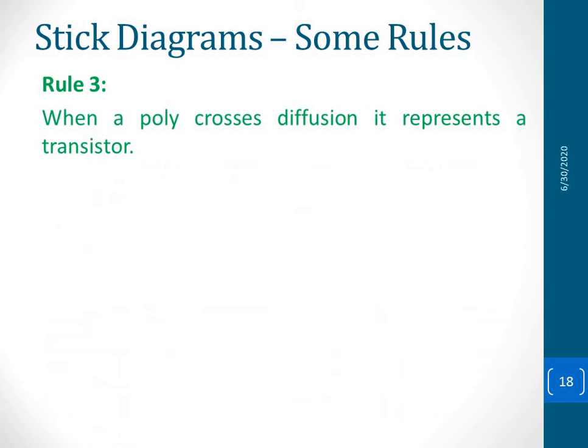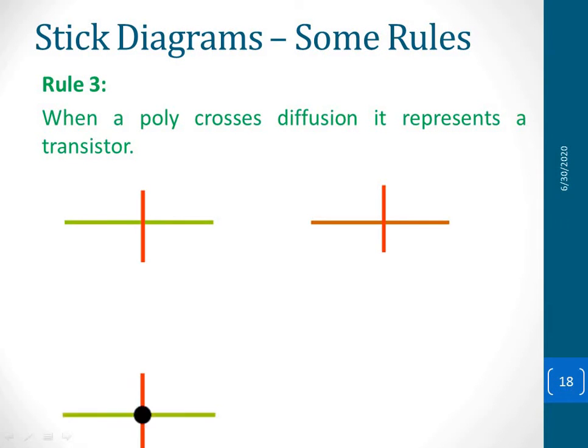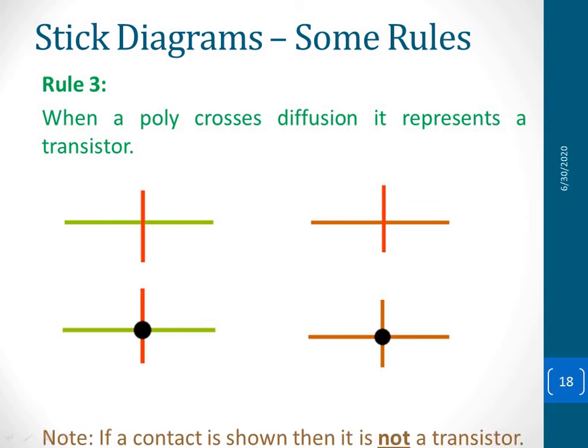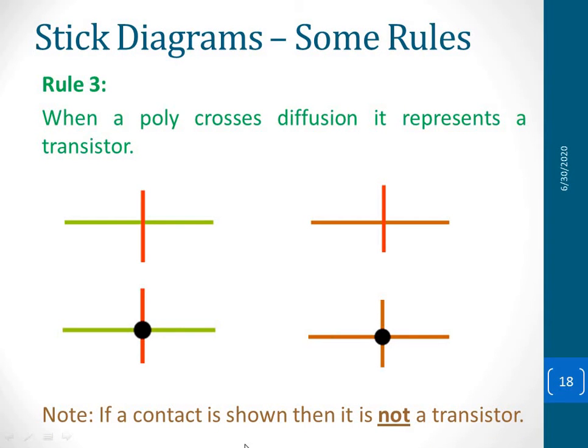Next, third rule is when a polysilicon crosses diffusion, it represents a transistor. So this small region is the transistor. This is PMOS and this is NMOS. And if I make contact, then that does not represent a transistor. If a contact is shown, then it is not a transistor.